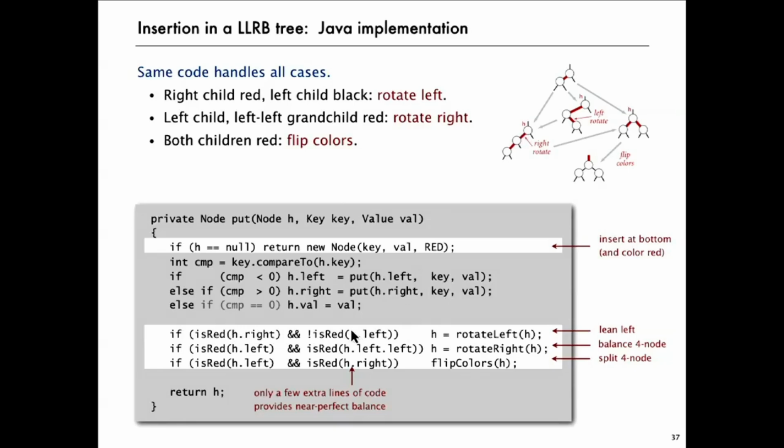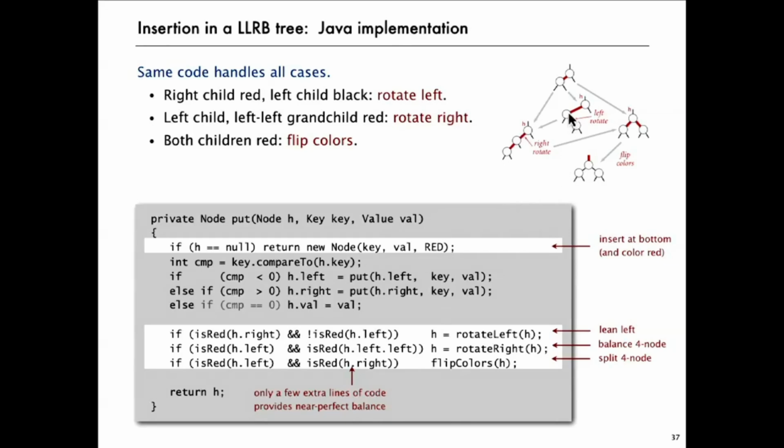That means h.right is red, so the right link of h is leaning the wrong way. So h is a 3 node leaning the wrong way.